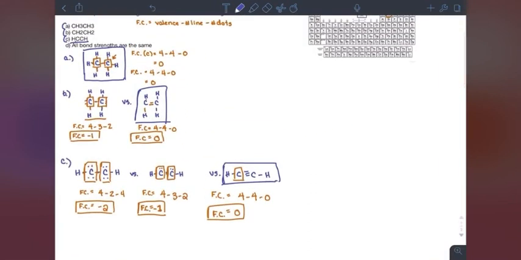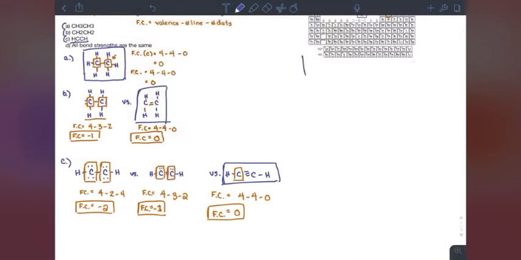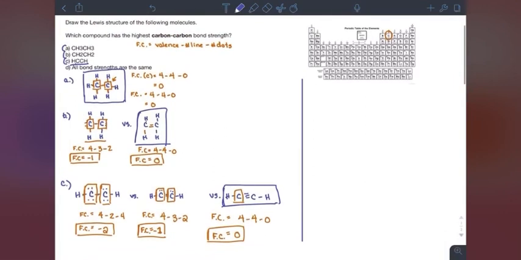And now, bringing it all together, we're being asked which compound has the highest carbon-carbon bond strength.